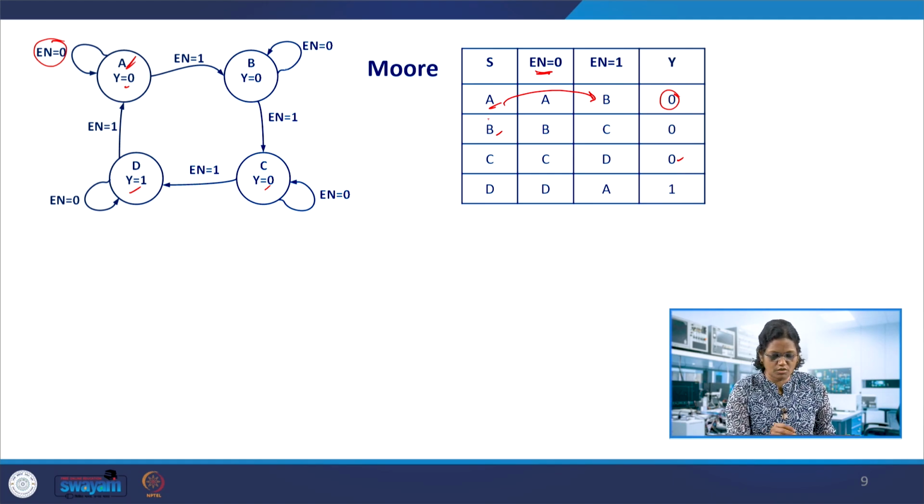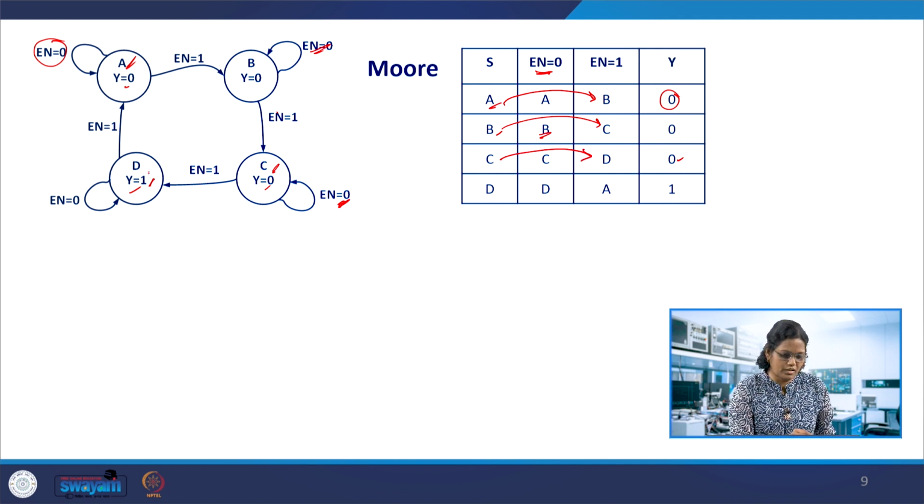If enable is 0, it stays at B. This is enable 0. If you get enable 1, then move to C. At the present state C, if enable is 0, it stays there, or it moves to D when enable is 1.